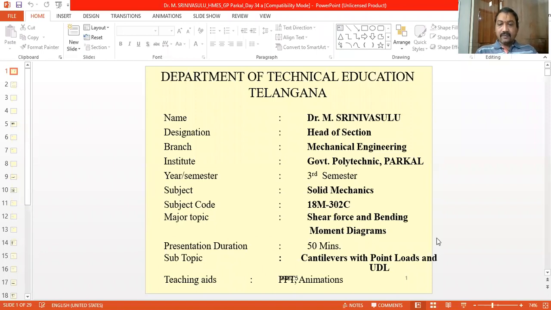This is the lesson for the problems on cantilevers with point loads and UDL.